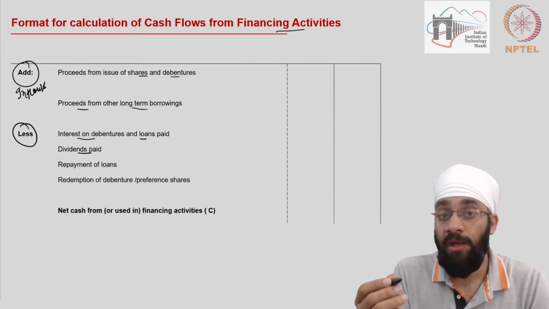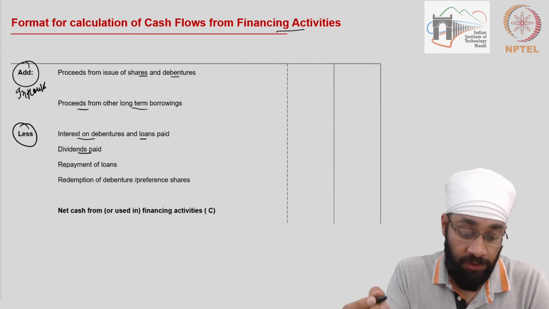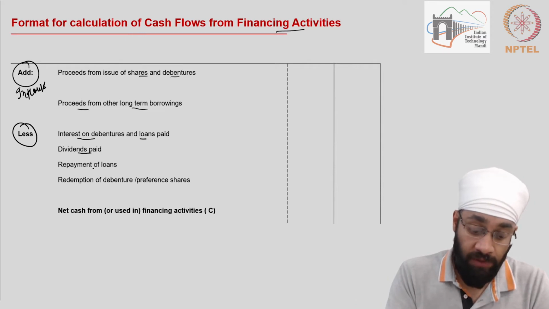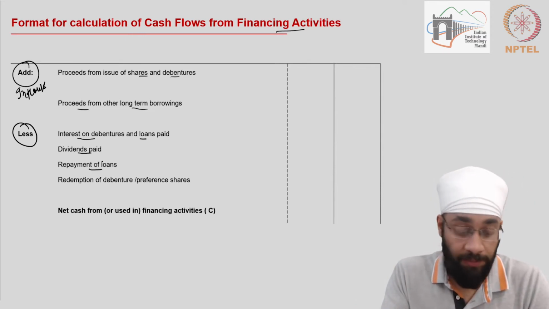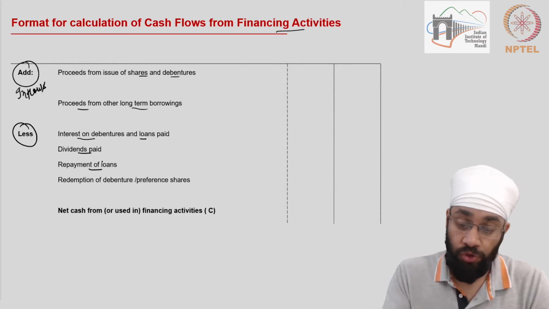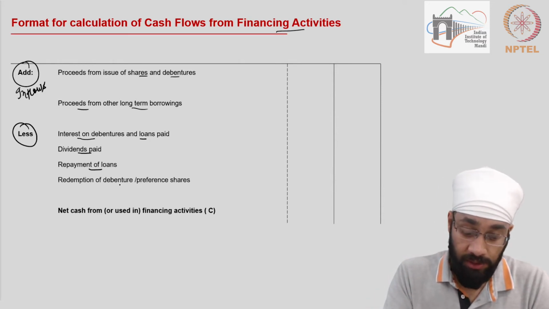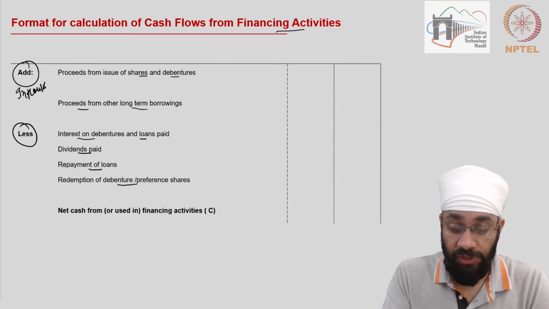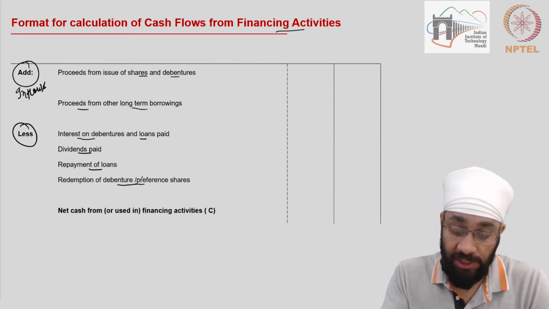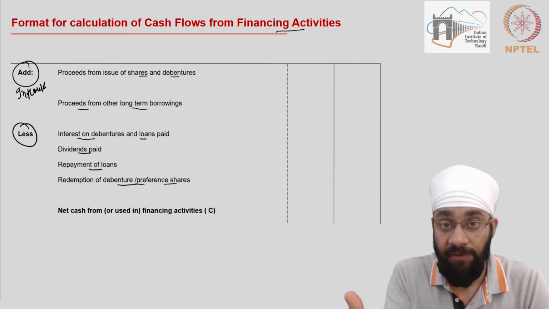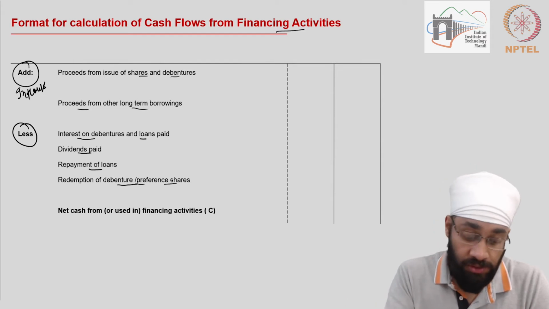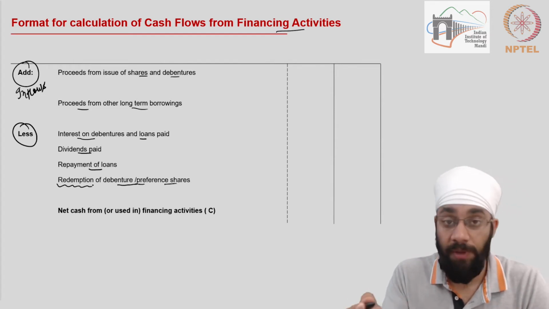These can be either preference shareholders or the common equity shareholders. If you pay EMIs on the loan or the principal amount is being paid in any way, that is also shown in this subsection, and redemption of any debentures or preference shares as well. Preference shares have a timeline, a deadline when they are redeemed, they are repaid. So redemption essentially refers to repayment.